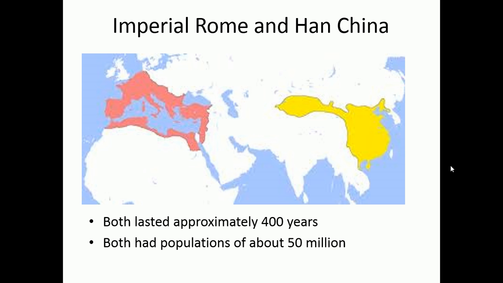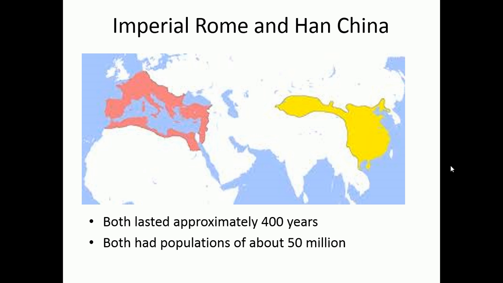Rome will continue a little while longer, but after about the mid-200s CE, Rome will begin to fall apart. And by 476 will have pretty much disappeared, except for in the eastern portion of the empire, which will continue much, much longer than that.